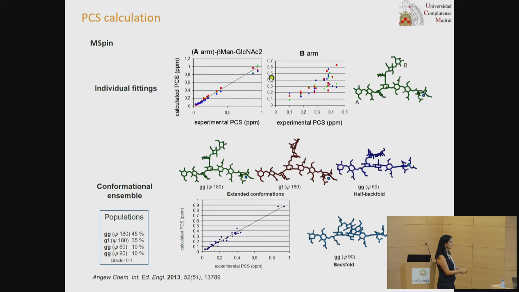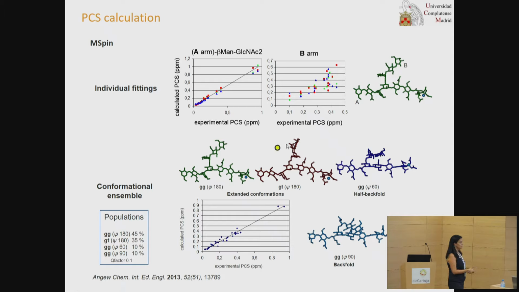For instance, for the A arm, we have a very good correlation between the experimental and back calculated data, and more or less all the conformations that are quite similar agree with the experimental data. However, in the case of the B arm, considering just one conformation, we could not fit the experimental data.